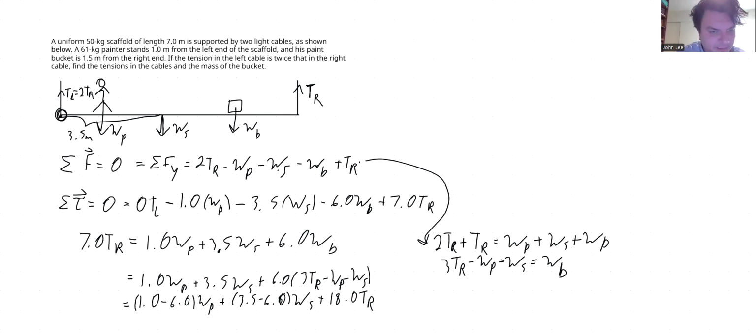So this is going to end up being negative 5.0 weight person minus 2.5 weight of the scaffold plus 11.0 tension of the right is equal to 0. Just adding up everything on both sides.